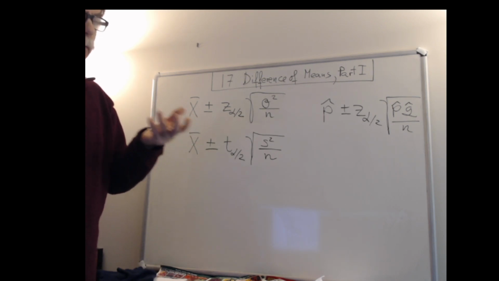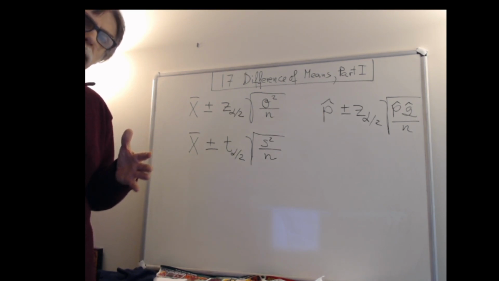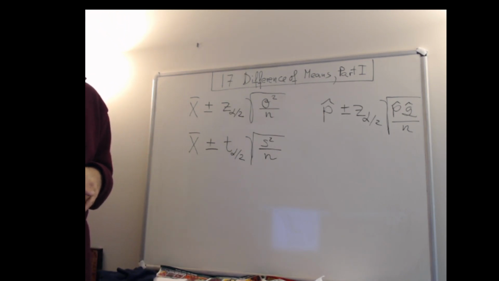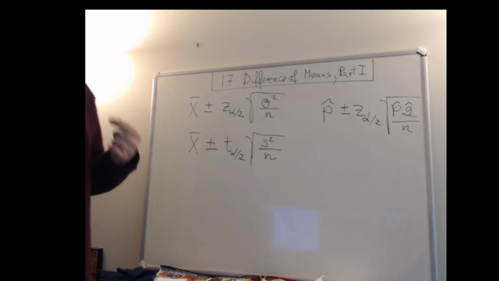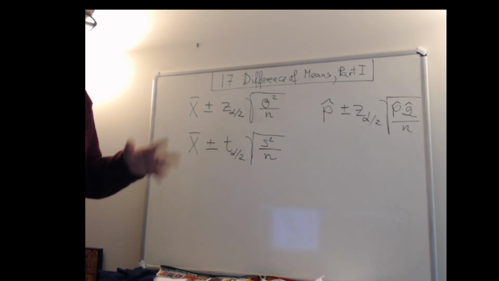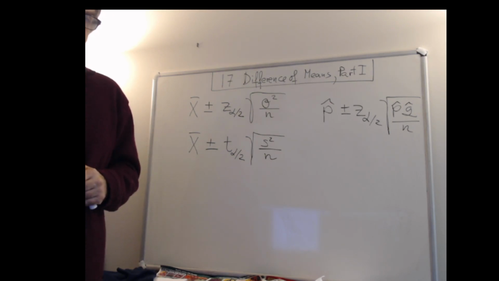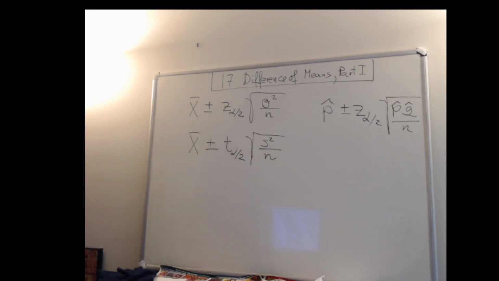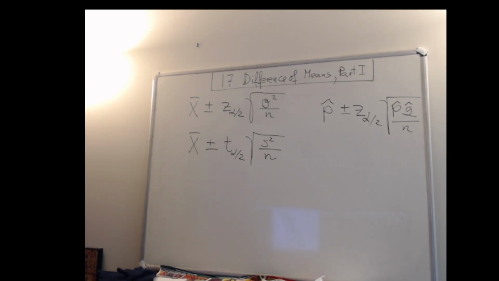Or any other situation in which you have one population that falls one particular way and another population that falls another particular way. You're not really interested in the means themselves, but in the difference of the two means. So that would be the situation in which we would be using the estimate of a difference of means as opposed to an estimate of a single mean.